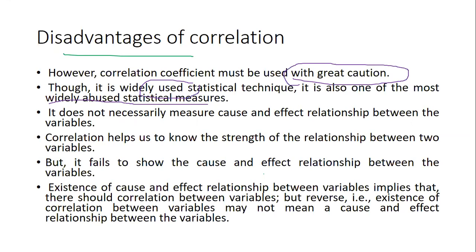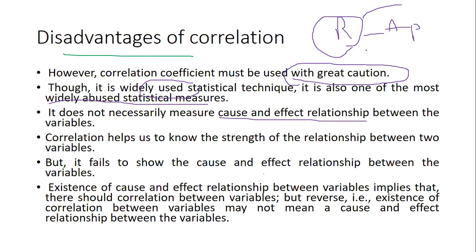It is well used, but it is also misused. Then it does not necessarily measure the cause and effect relationship between the variables. Now, what are we talking about? Cause and effect is something like rainfall and agricultural produce. There is a cause, rainfall, and the effect is agricultural produce happening on a daily basis.